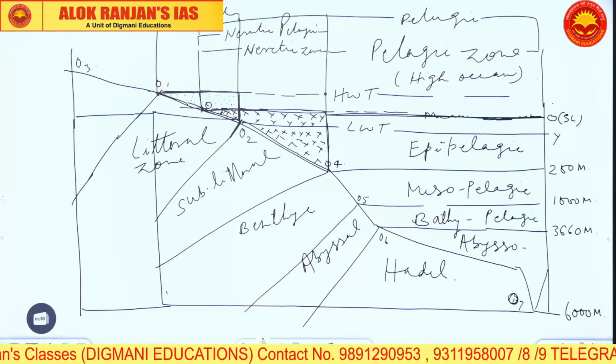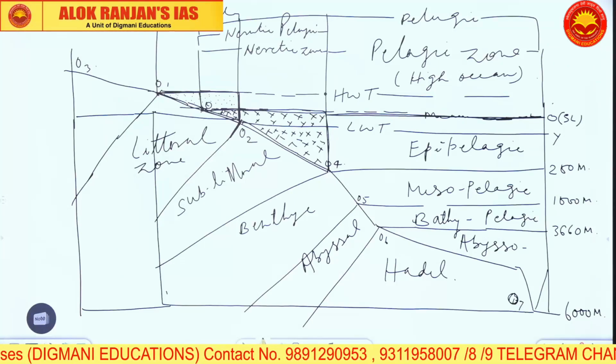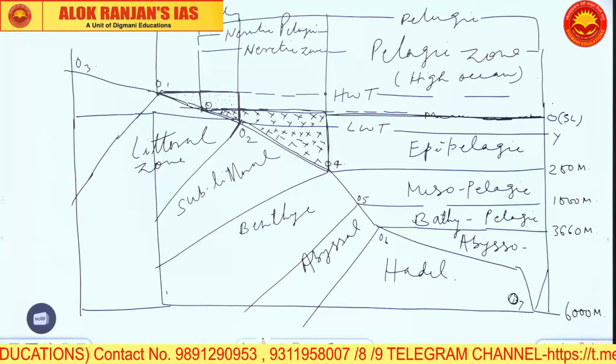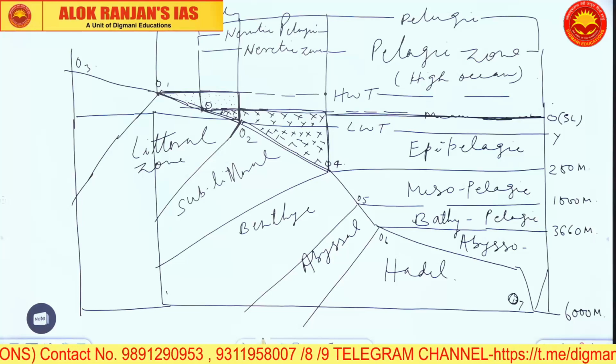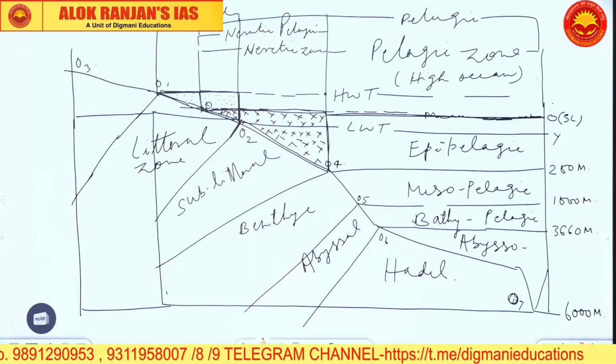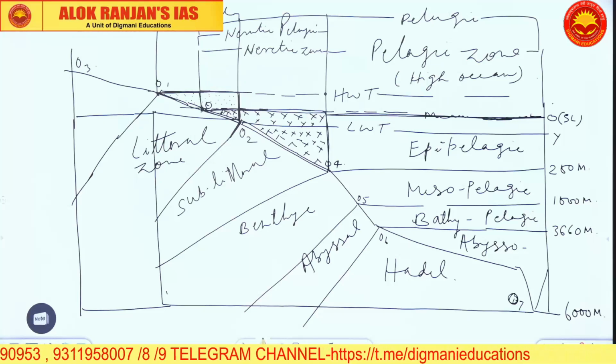So write for littoral zone, you can describe it as the region, the area, the zone between the high water tide and the low water tide.